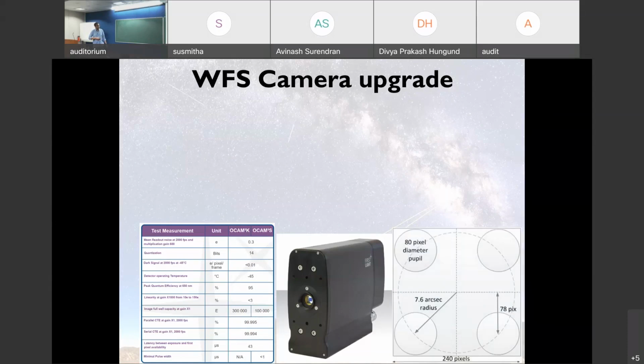But now, because of the laser tomographic adaptive optics and because we needed a much better measurement error, we have bought this EMCCD, electron multiplying CCD. It has 240 by 240 pixels instead of the 80 by 80 pixels we have on the CCD39.